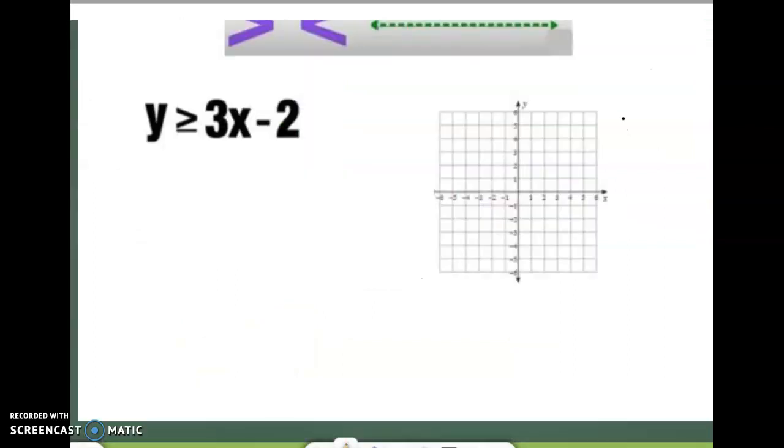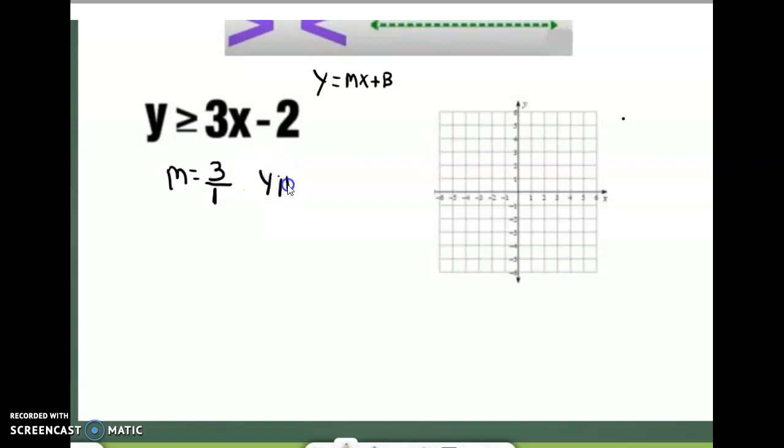All right, so graphing this, we're going to need two things. Remember again, y equals mx plus b, our famous equation of a line. So the slope is going to be 3, or 3 over 1, so we could graph it.